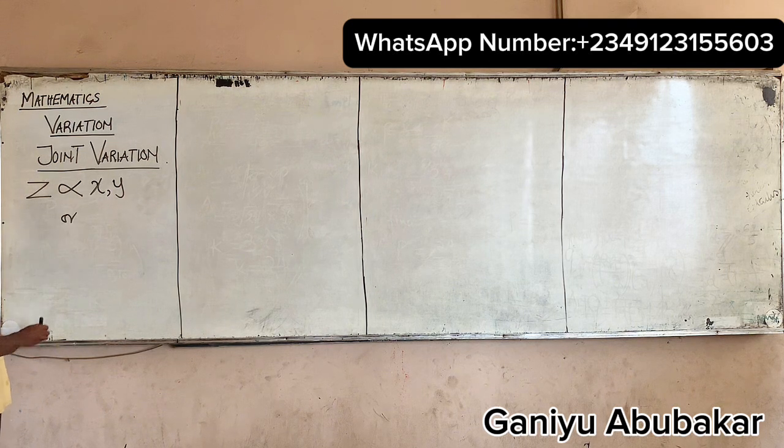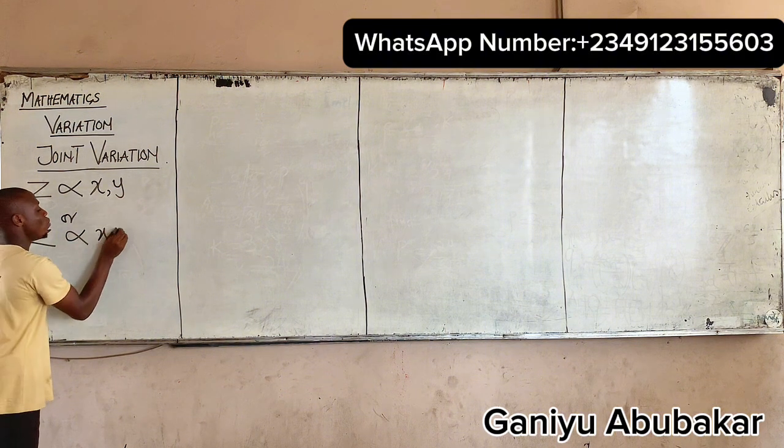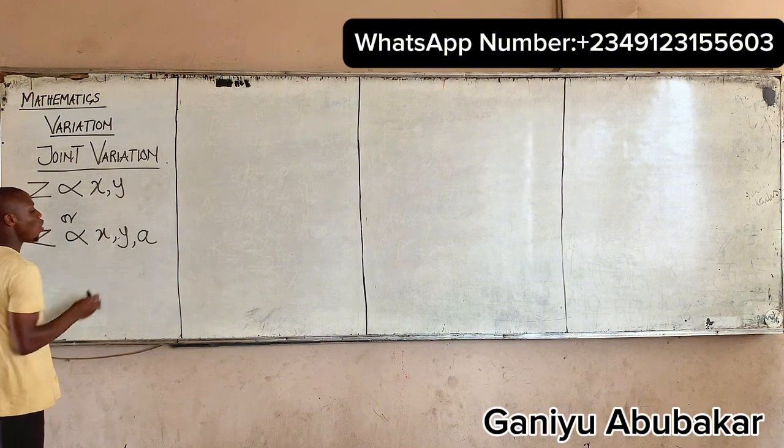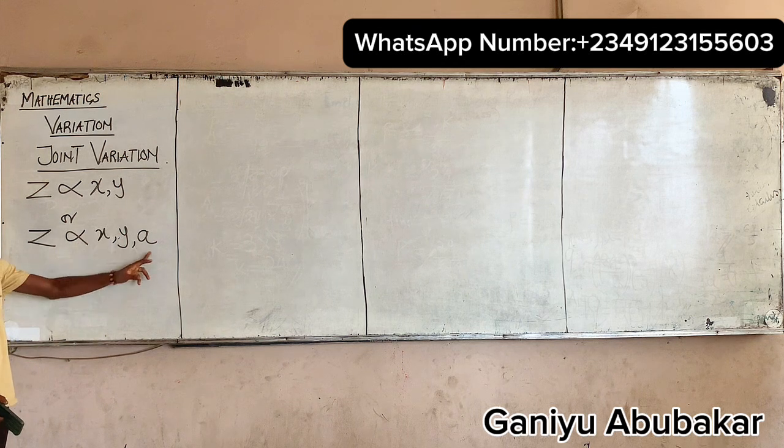Or I can still say z varies jointly as x, y, a. Here there are three quantities.